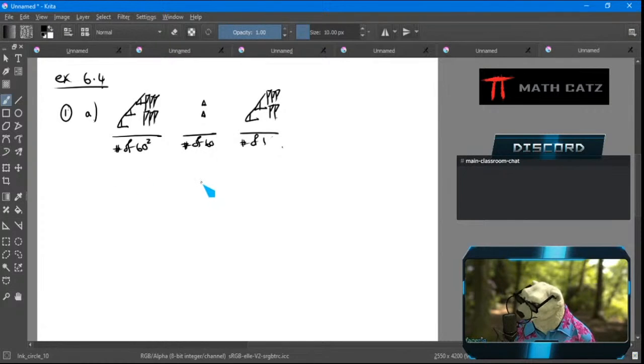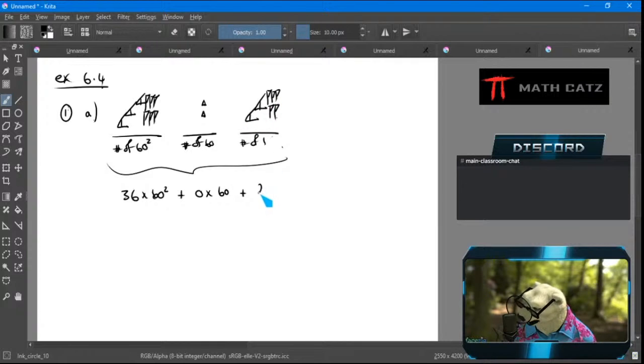Maybe I want to skip that middle step and just say, well, this is then 36 groups of 60 squared plus 0 groups of 60 plus 25 ones. But I have to address how many 60s. In this case, there's nothing.